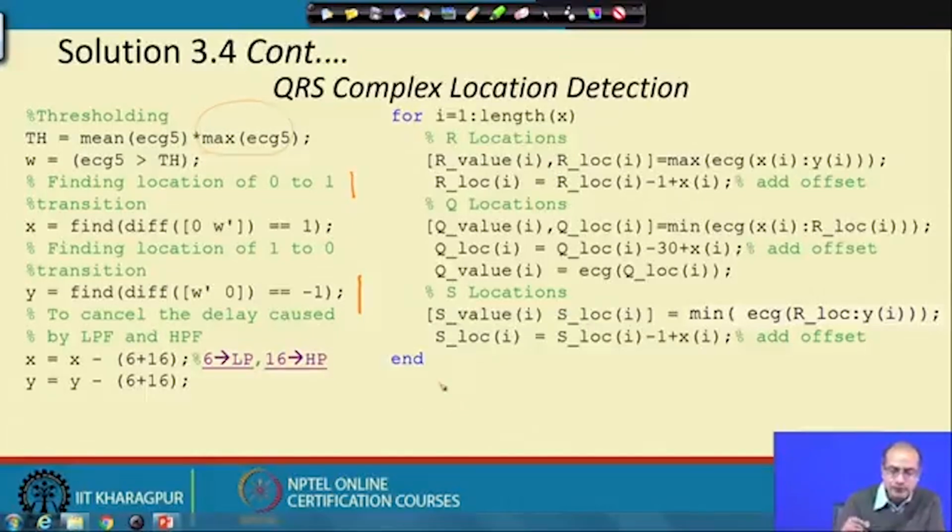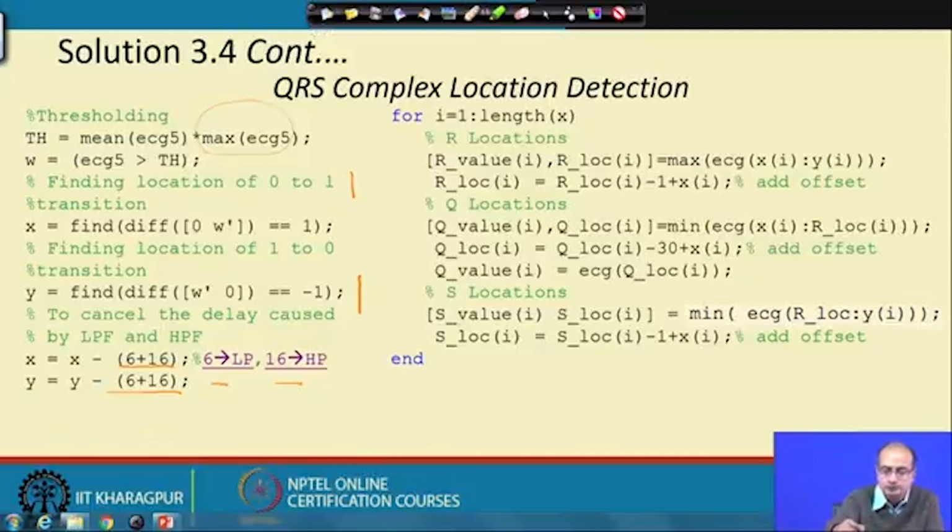and next we need to do some compensation of these two, and we see that we have taken an offset of 6 plus 16, out of which the delay of 6 is coming because of the low pass filter and 16 is coming from the high pass filter. Now, how do we get it?